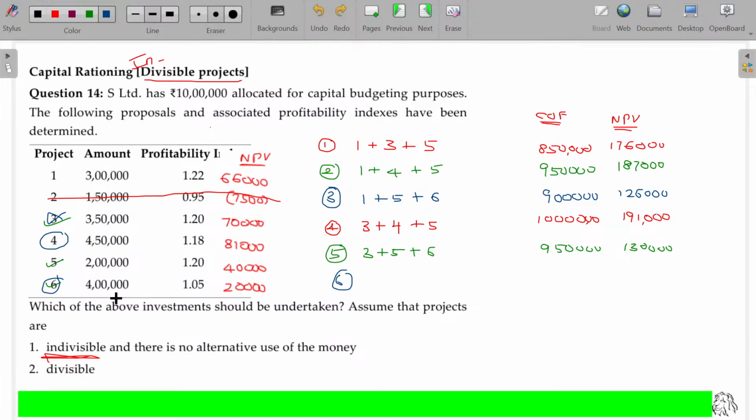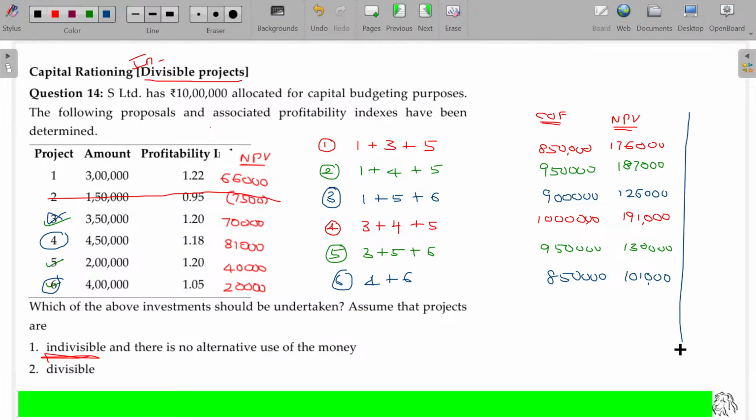So 4 and 6 can be chosen. For 4 and 6 we are in need of 8.5 lakhs to be invested. Left with 1.5 lakhs. We don't have any other options. Now come on, tell me this value. 1,01,000.